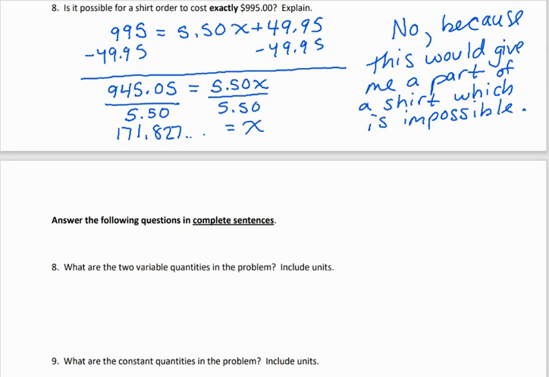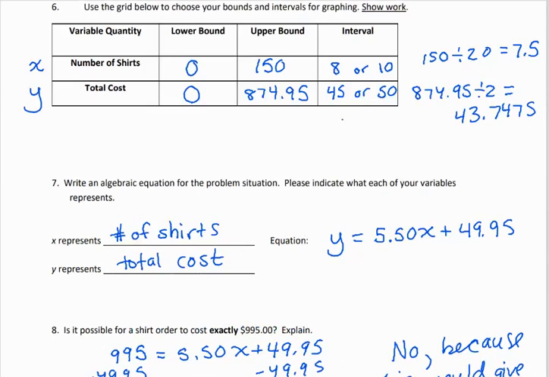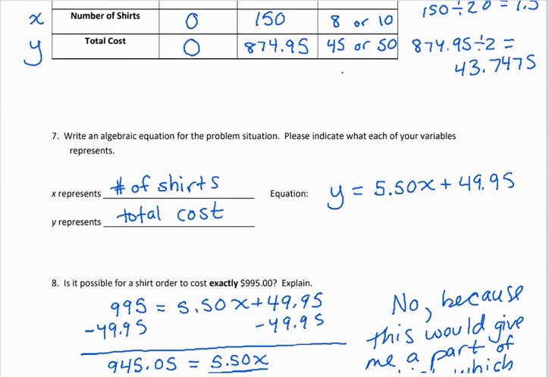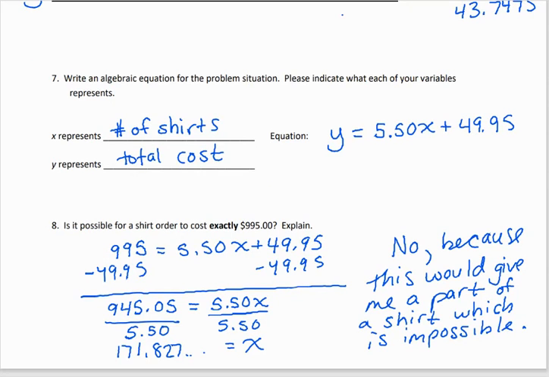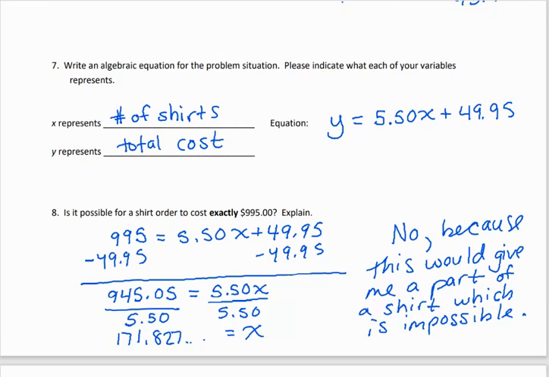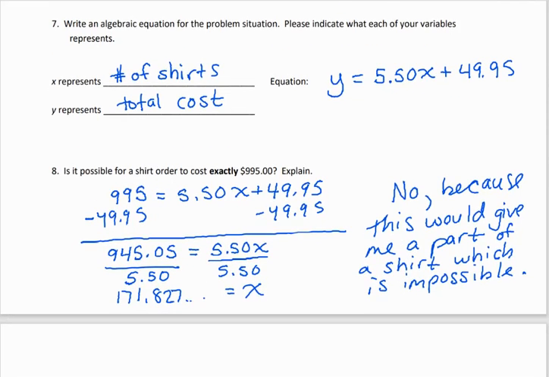Variables are what's changing, and what 2 letters do we often use to represent them? X and Y. So we already defined that, right? Let's go back up. It's in my chart at the beginning. It's in my interval chart, and we defined them on question 7. So when it says what are the variables, we're not just going to say the variables are X and Y. What are they for this problem?